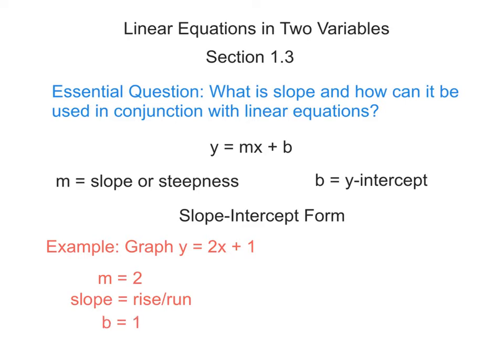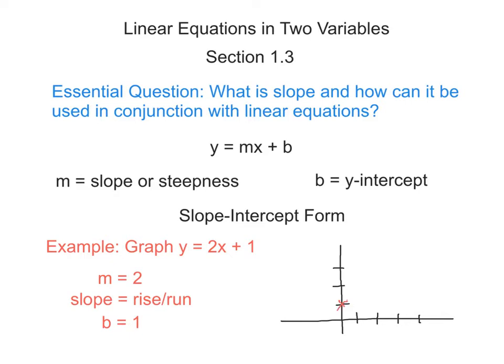Similarly, it's fairly easy to see that in this case b is equal to 1, or in other words, the equation crosses the y-axis at y equals 1. So if we look at a graph, we can start by saying, okay, b is equal to 1, so therefore I know it goes through the point y equals 1. And obviously x equals 0.